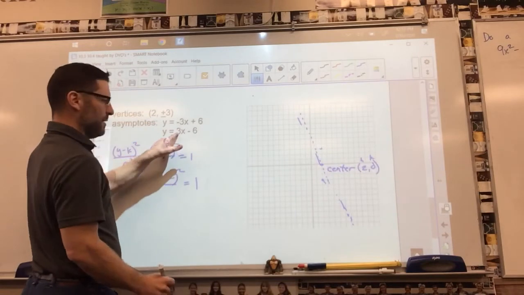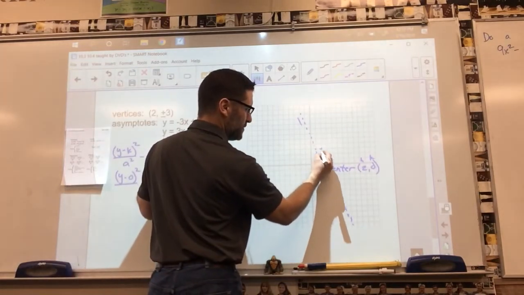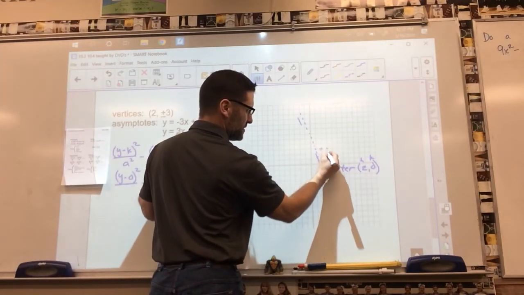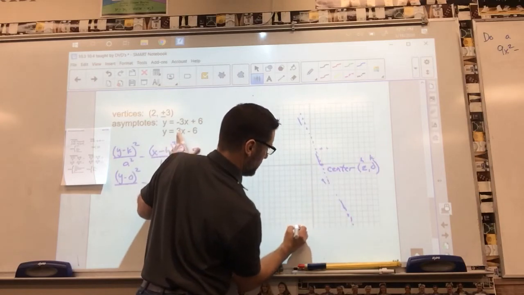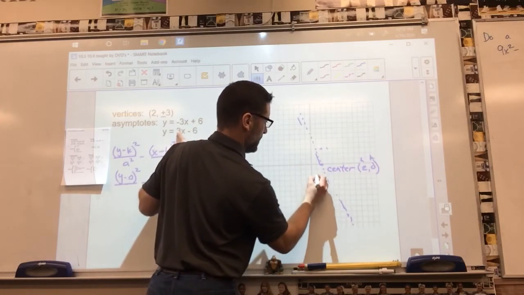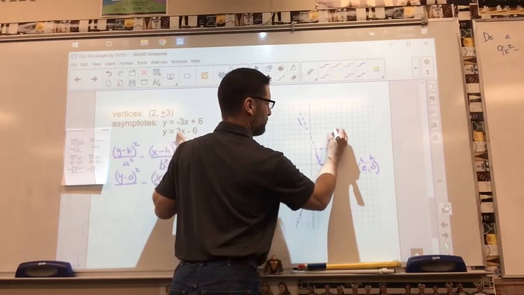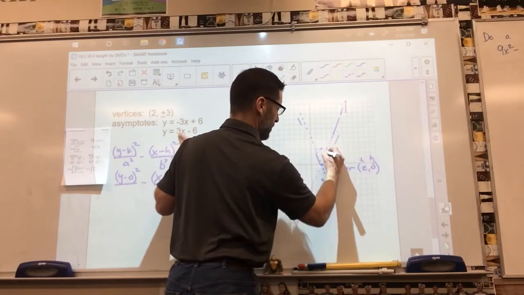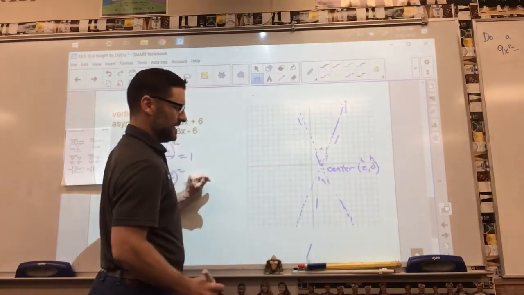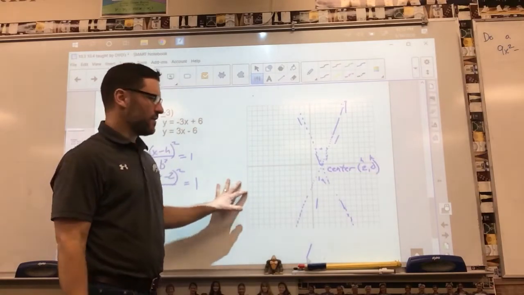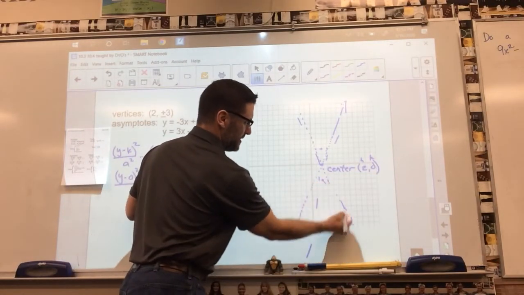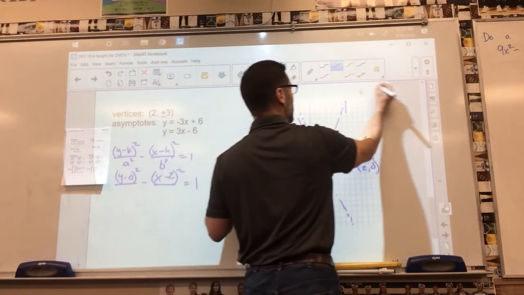I can go up 3 and over 1. So from here it's up 1, 2, 3 and over 1. So my other asymptote kind of comes like this. And I've got a pretty good idea right now of how that sits on the graph. The branches are going to come like this, but that's not what I'm concerned with.